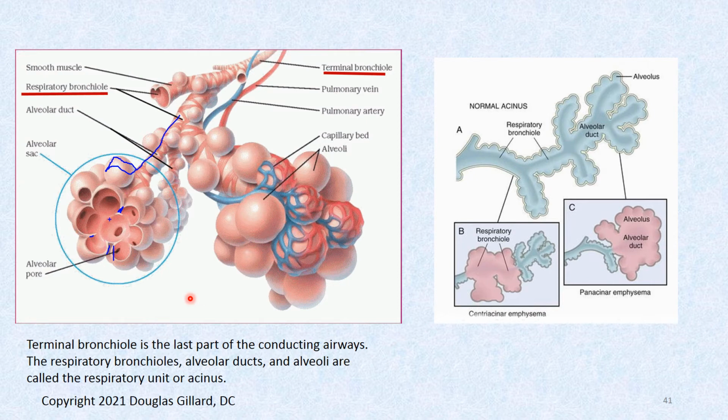So when you get air, CO2, and oxygen in here, this thing just blows up like crazy because it's so weak. And then you can't transfer the air out or transfer the CO2 in very well because it's just dead airspace. And that's what gives us an overinflated lung.